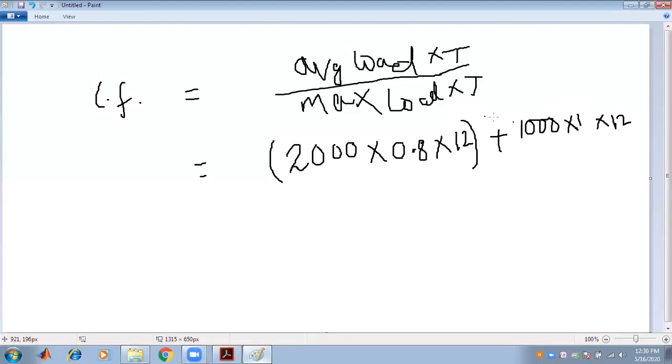This is the total average load divided by the maximum load.